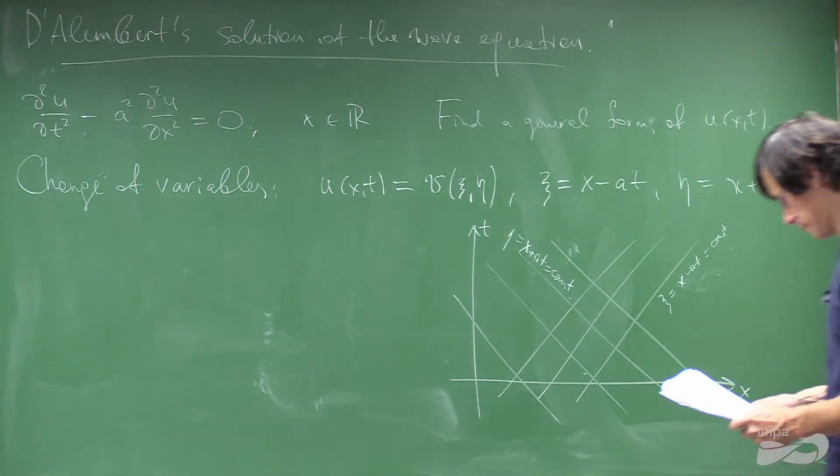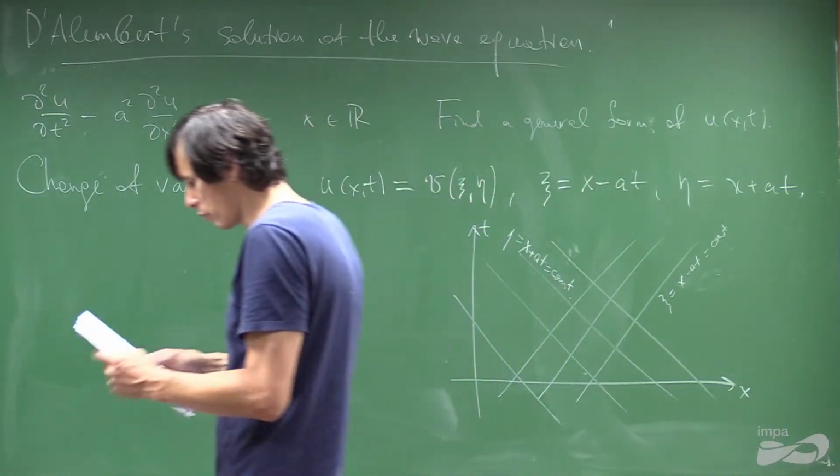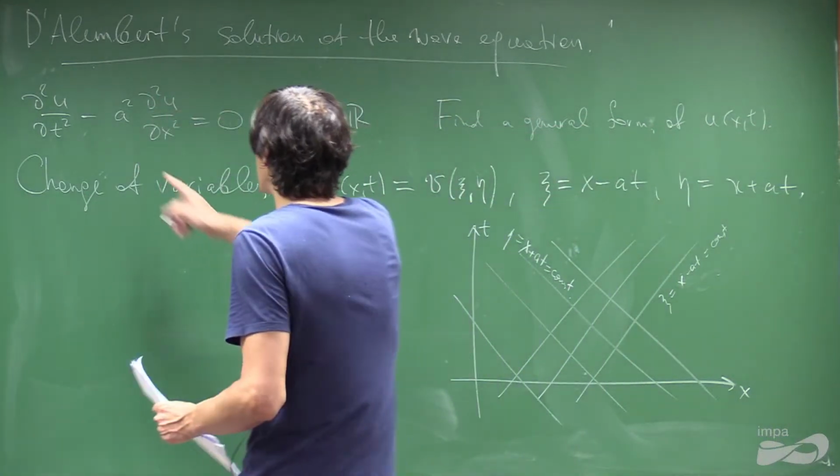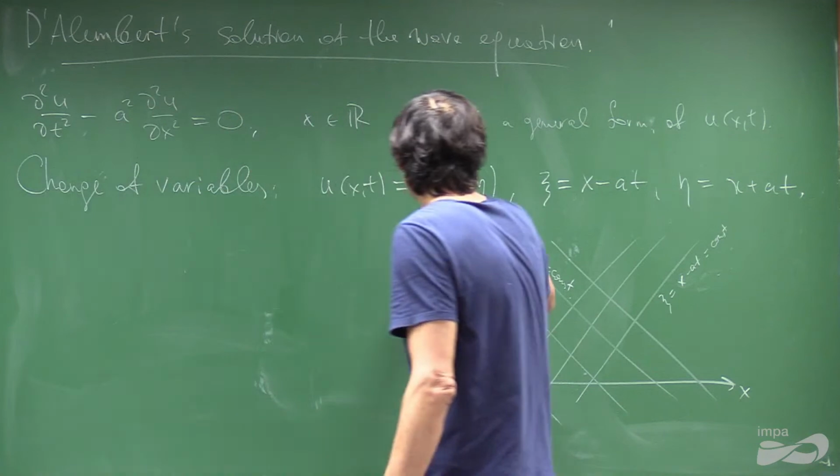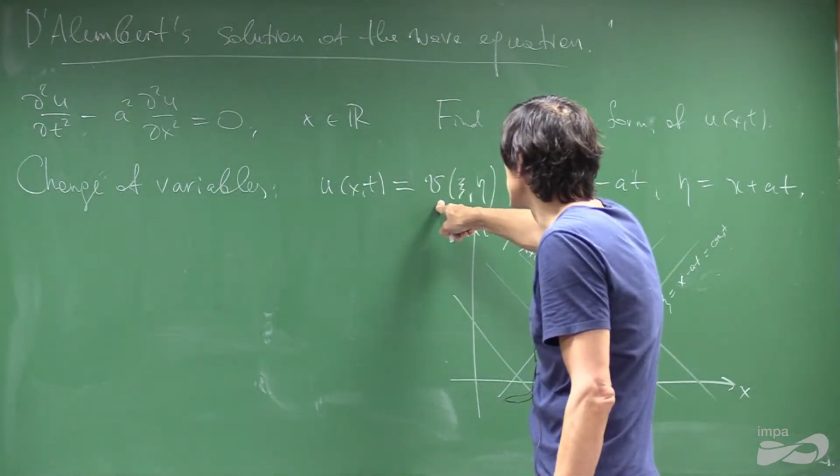It's totally all right. Now, instead of having the wave equation in the original variables, we will write the wave equation for v.